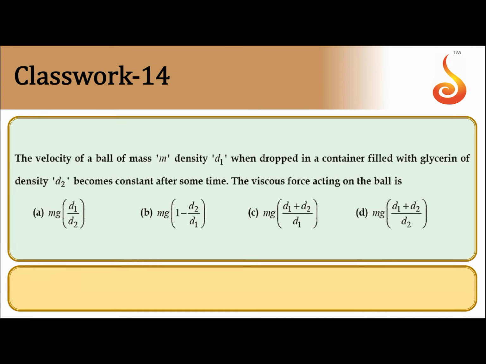Example 14. The velocity of a ball of mass m, density d1, when dropped in a container filled with glycerin of density d2, becomes constant after some time. The viscous force acting on the ball is. Okay, in case I consider the forces, what are all the forces?